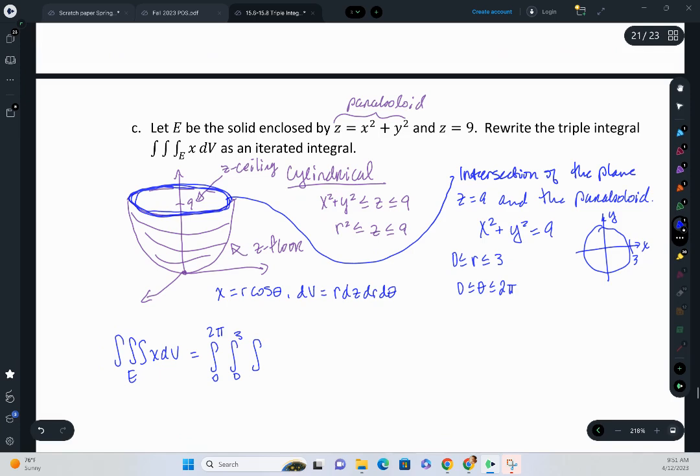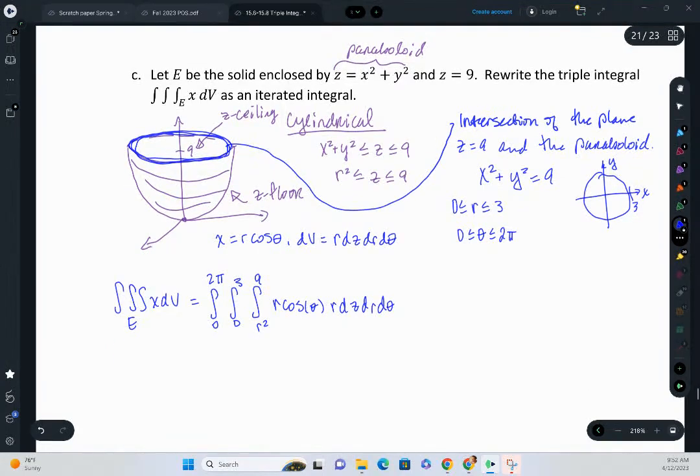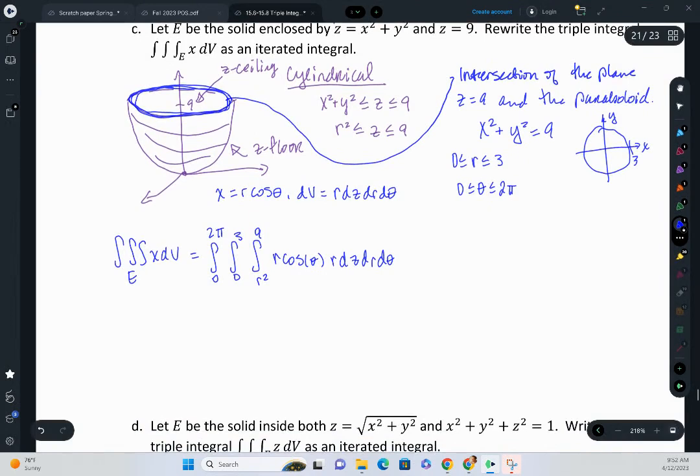The inner integral is for z, so it's r squared to 9. My x is r cosine theta. My dV is r dz dr d theta. And then I could just rewrite this one more time because I have r times r, that gives me r squared. So this is 0 to 2 pi, 0 to 3, r squared to 9 of r squared cosine of theta dz dr d theta.